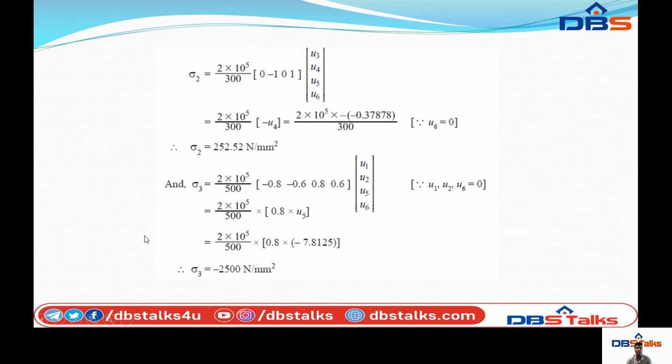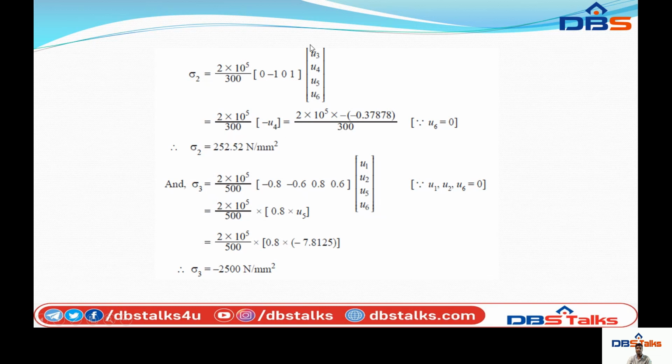Then sigma 3, the stress for the third element, E by L, the length for the third element will be 500, and [-C, -S, C, S]. It connects as in the element connectivity table also. We already saw that it connects from the origin point, element 1 to element 3. So for that reason, I am taking the values of unknown nodal displacements U1, U2 for element 1 and U5, U6 for element 3.